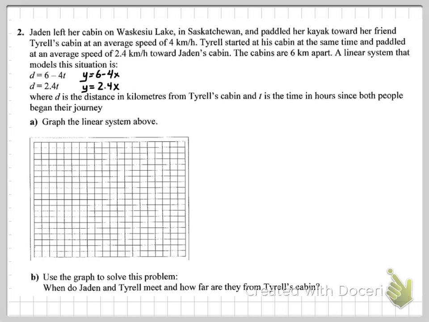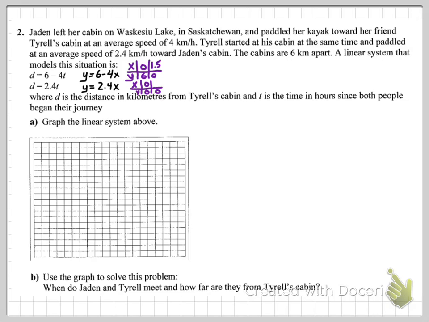Now, d is the distance in kilometers from Tyrell's cabin, and t is the time in hours since both people began the journey. We want to graph this system, and if we did, we'll find x and y intercepts. When x is 0, you're going to find that y is equal to 6, and if y is 0, x will be 1.5.